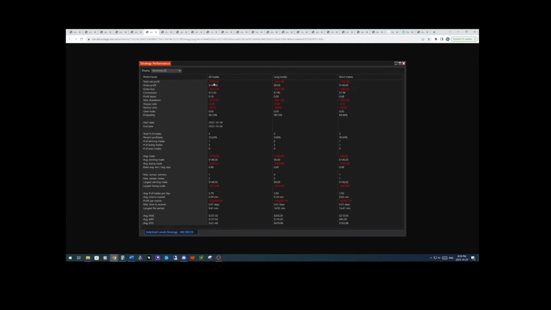And so we got minus 775. Yeah, 25% wins. Not good enough for the strategy. It needs to be around 73%.